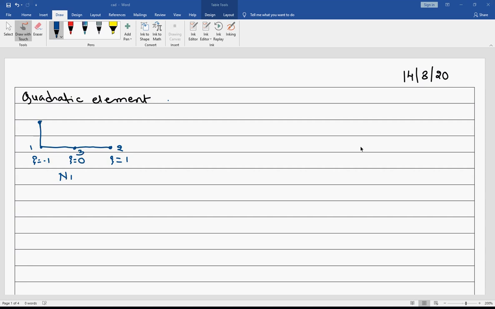So I suggest you go back and watch that crux lecture, where I have taken the Lagrange's interpolation and how to derive the shape function. I have already taken how to derive the quadratic element shape function using that concept. We are again going to derive. So N1 is always 1 at its own location, and why it is 1, that we have also derived. And it will be 0 at other locations.